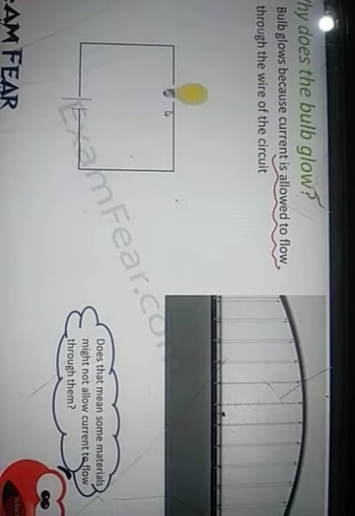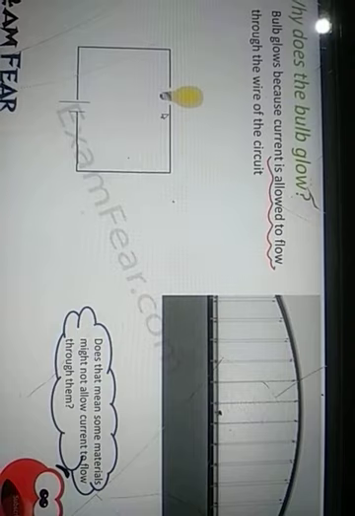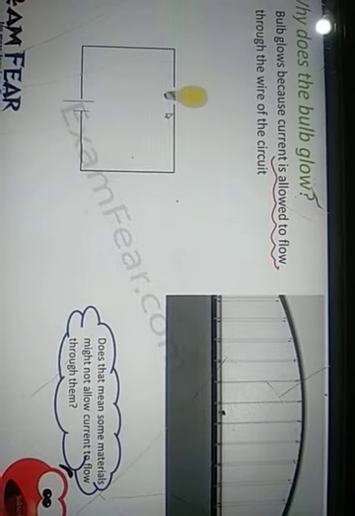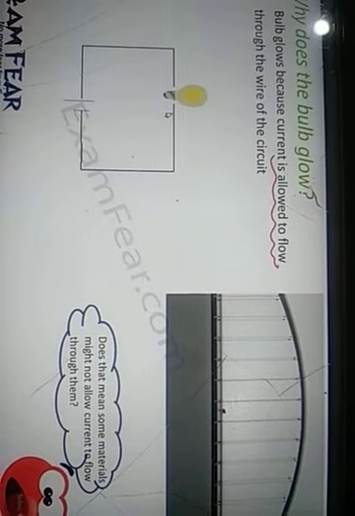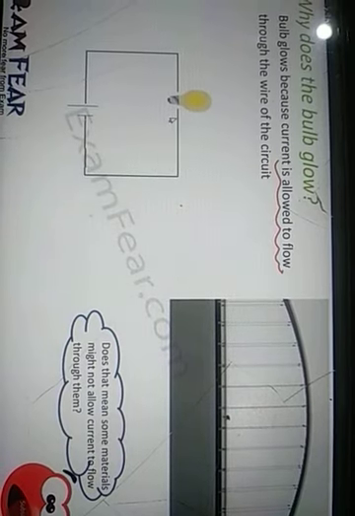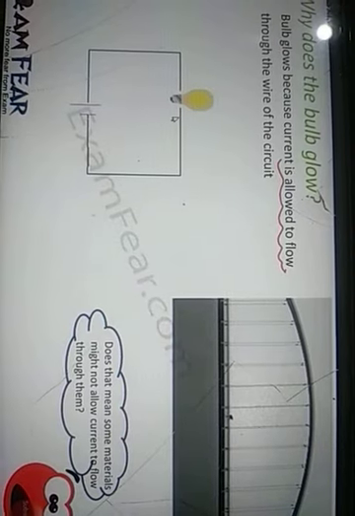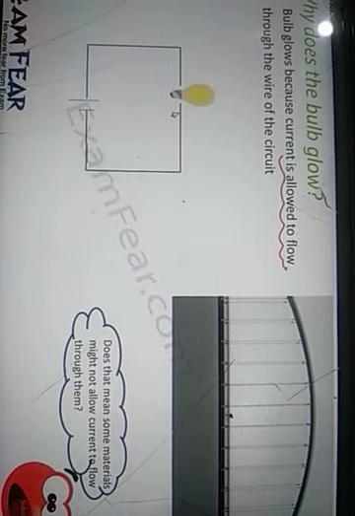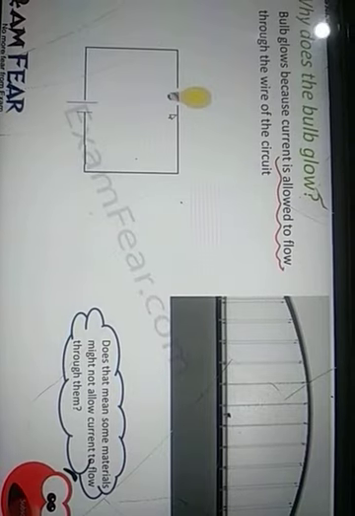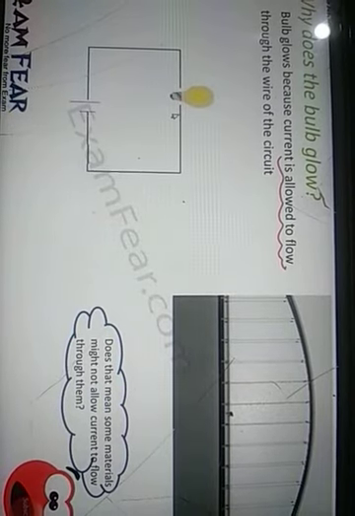For example, we make use of wire, and these wires are made up of metals, like copper wire, which allow current to pass through them. Not only copper, most of the metals allow current to pass through them, and therefore the nature of the material of the wire is also an important factor which decides whether the current can flow through the circuit or not.